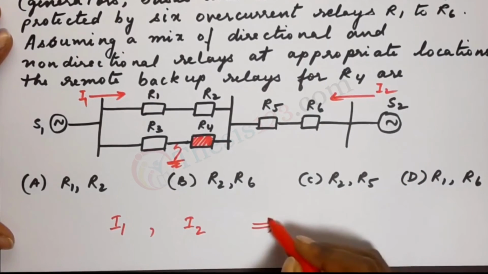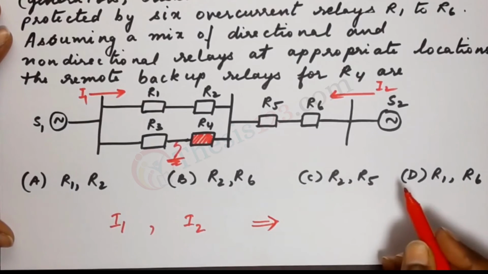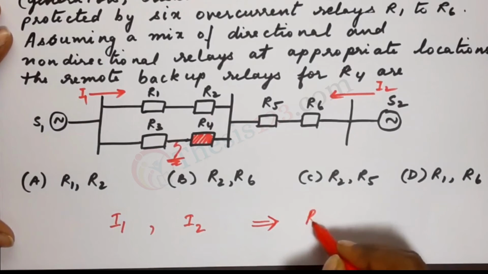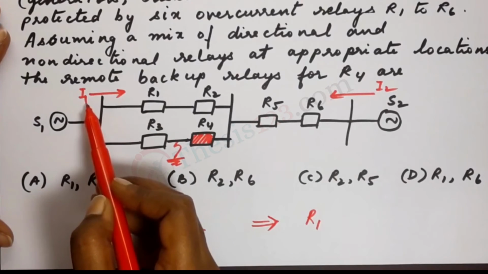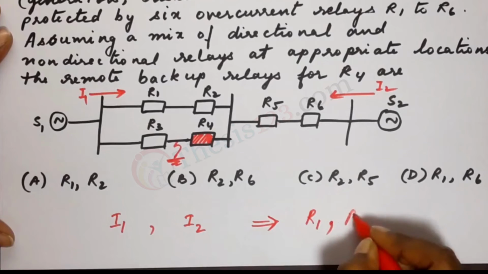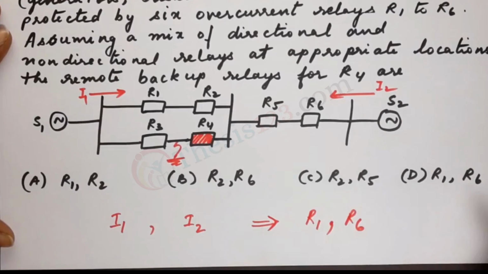So the remote backup relays for R4 are R1, limiting current I1, and R6, limiting current I2. So that's R1 and R6, option D. I hope this has helped.